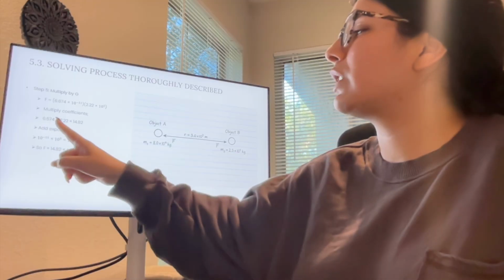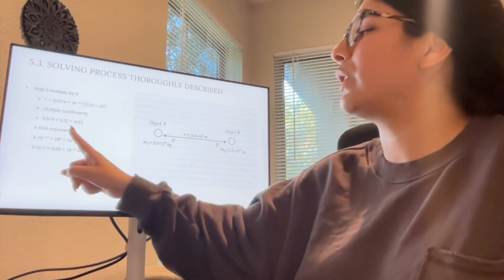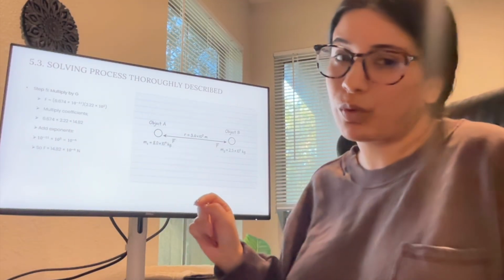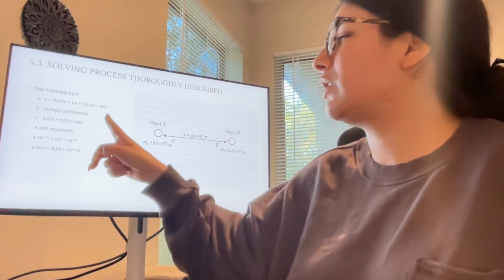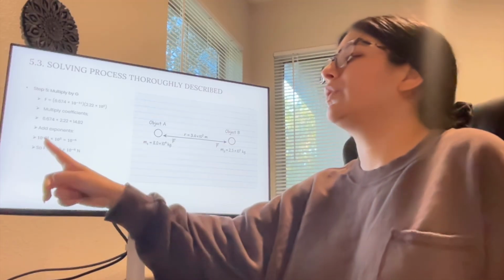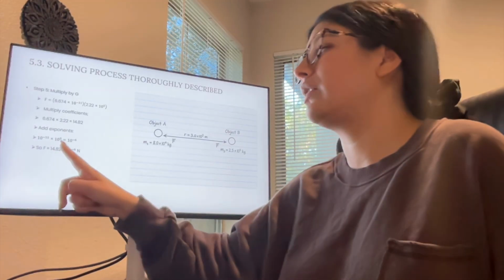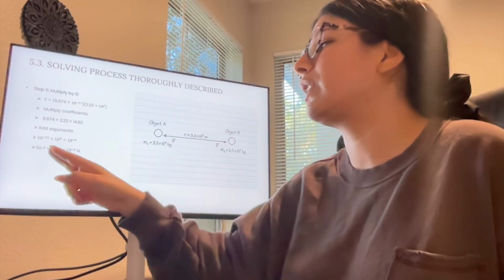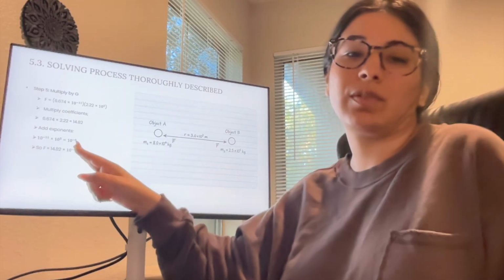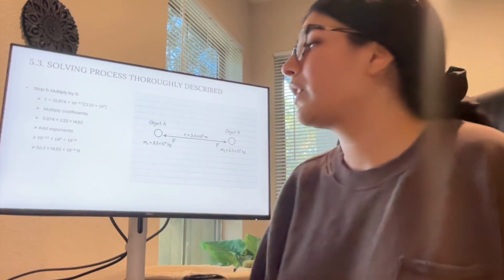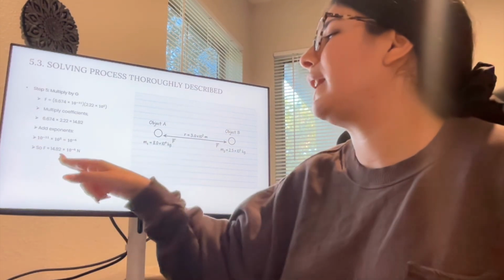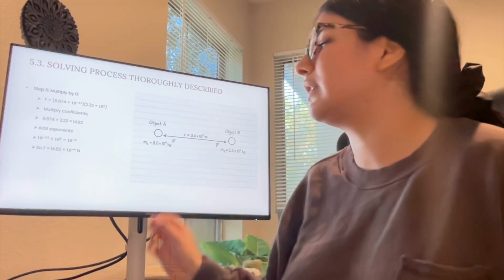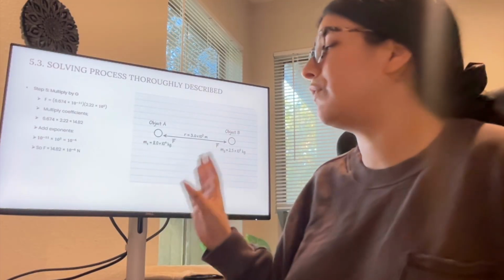So we're going to do 6.674 times 2.22, which is approximately 14.82. And then we're going to add the exponents here because we're multiplying them again. So 10 to the negative 11 times 10 to the 5th power, which really is just negative 11 plus 5, which will give you 10 to the negative 6th power. So F approximately equals 14.82 times 10 to the negative 6th power newtons.